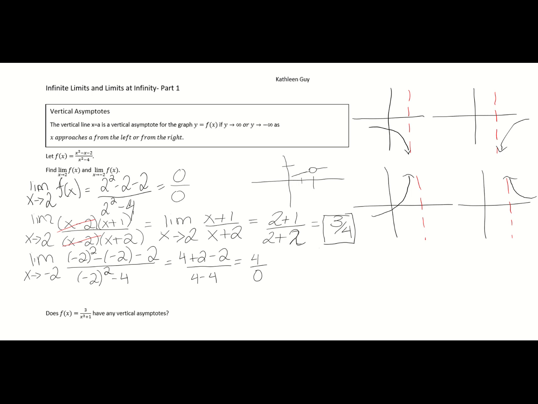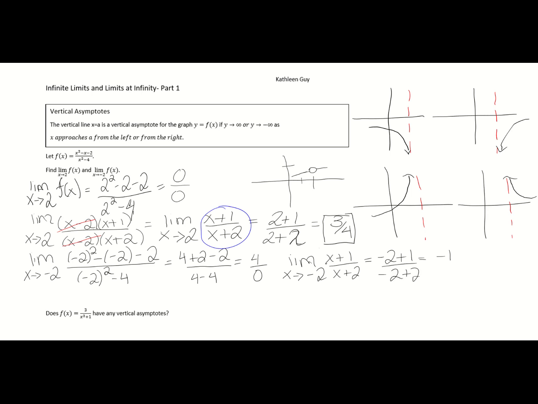But we want to, again, try to manipulate, try to factor, which we have already done, right? We've already factored. We have the factored form of the function right up here. But now we're taking the limit as x goes to -2. And if I try to plug that into the factored form, unfortunately, I'll get -2 plus 1 over -2 plus 2.